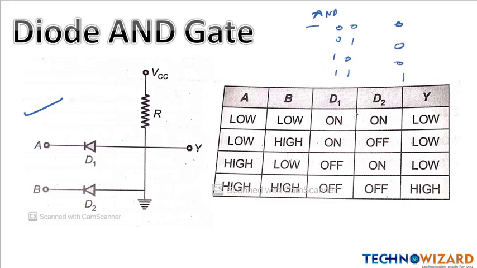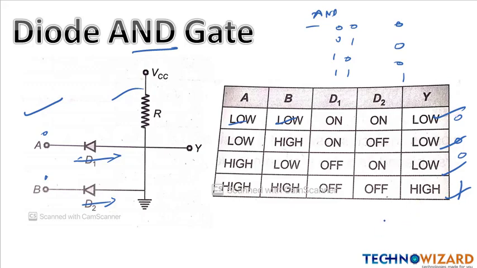So if you are seeing here, when A and B are low, that is 0, diode 1 is on and diode 2 is on, then the output will also be 0. This is how we can implement the AND gate with the help of diode.